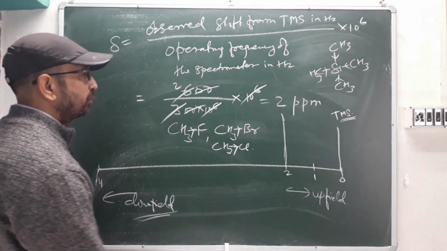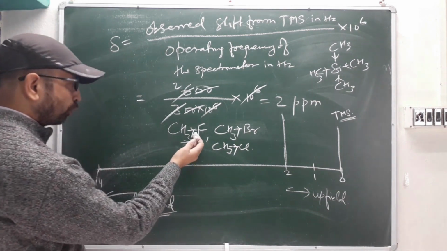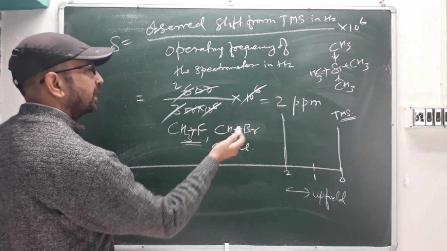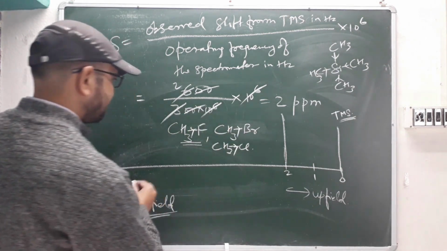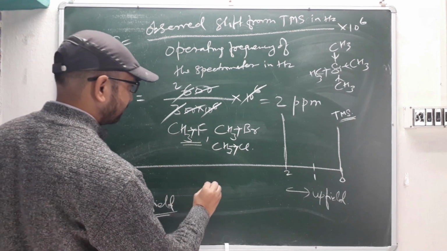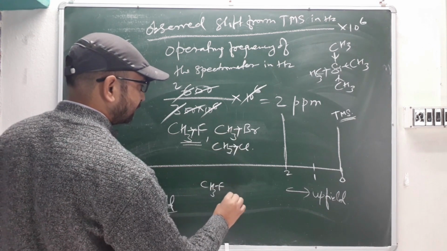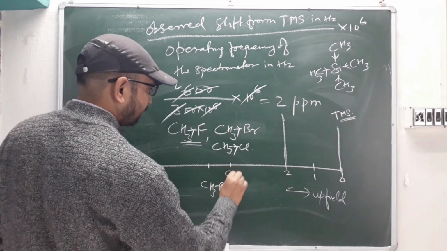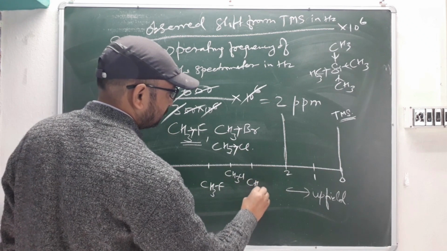So the delta value for CH3F will be more downfield than the others, and finally CH3Br will be in the upfield.